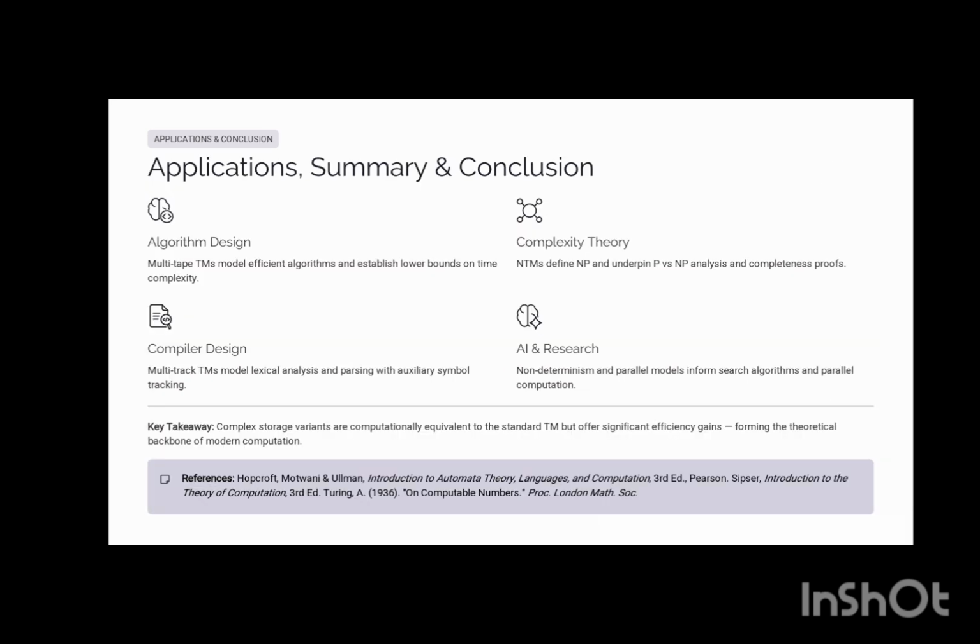Complex storage models have wide-ranging applications. In algorithm design, the multi-tape Turing machine helps establish tight time complexity bounds. In complexity theory, non-deterministic Turing machines define the class NP and are central to understanding NP-completeness.